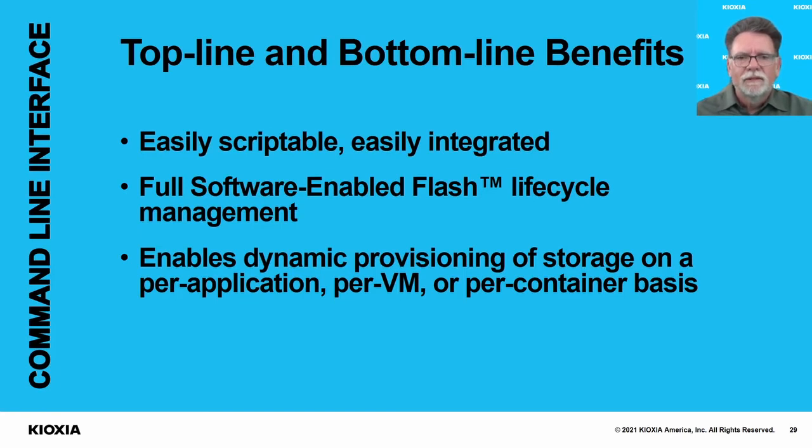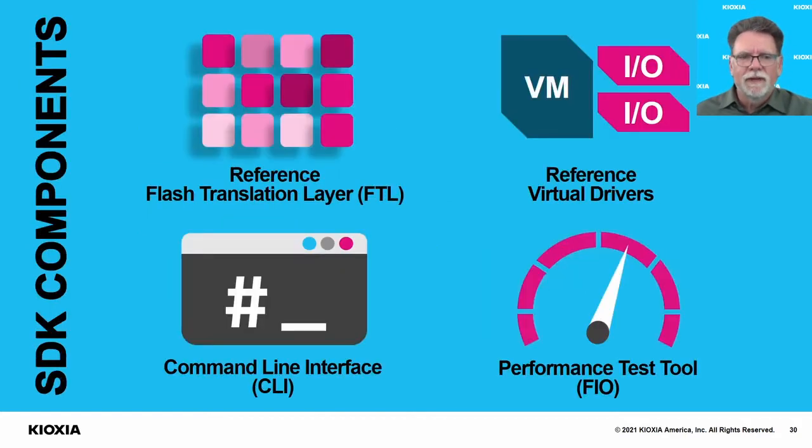Using the ability to define QoS domains allows you a way to specify dynamically the provisioning of storage and the characteristics of that storage on a per application basis, a per virtual machine basis, or a per container basis.